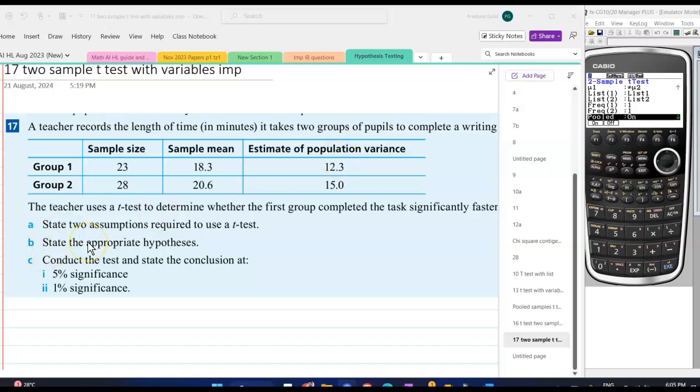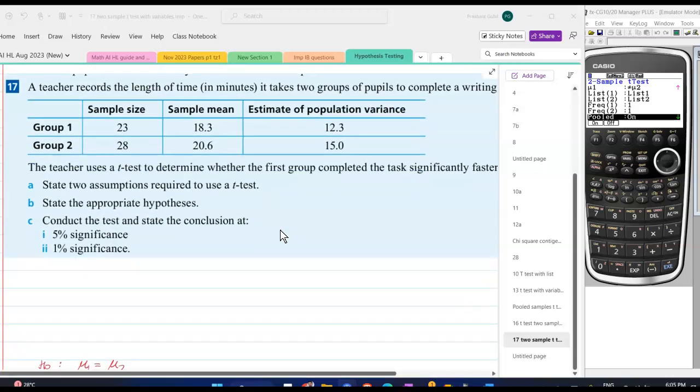State the appropriate hypotheses. What hypothesis will you state? The null hypothesis will be that the first group completes the task at the same time as the other group. You can write a sentence, but it's preferable to write the equation: mu1 is equal to mu2.